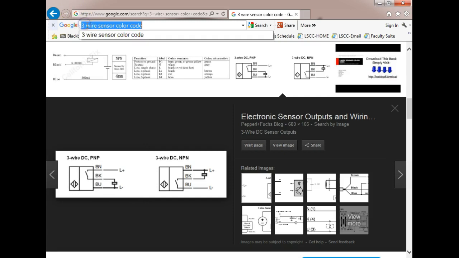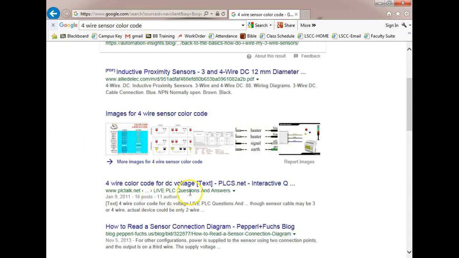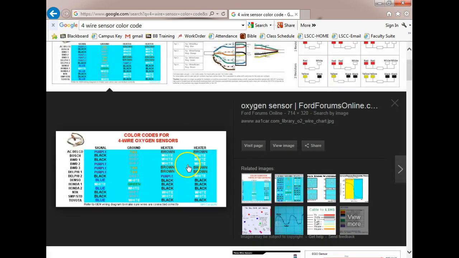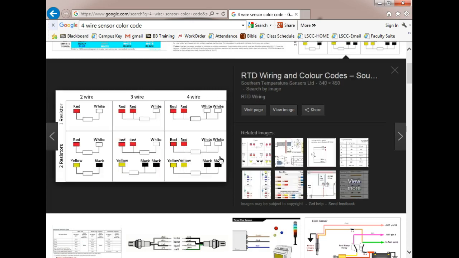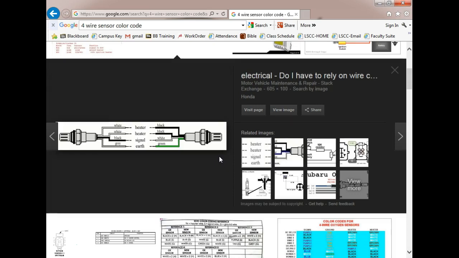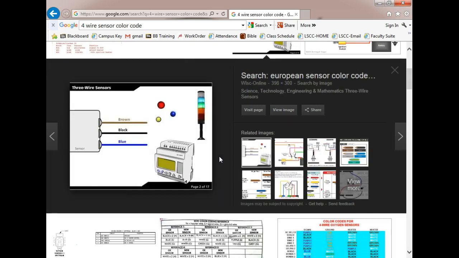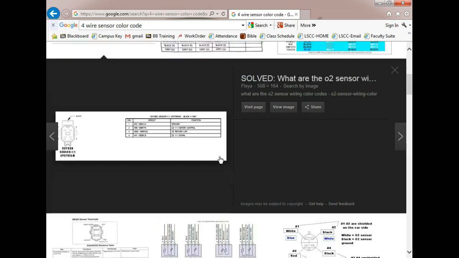Okay, so let's look up a four wire sensor color code. Oh, I got it. That's differential pressure. No, that's not. So this is a 3-wire sensor, right? This is a 3-wire sensor.